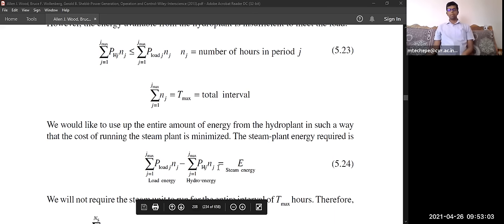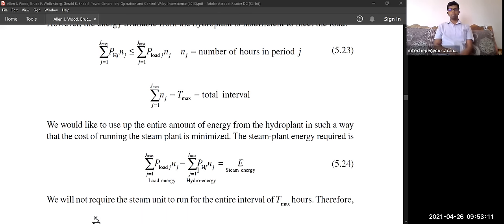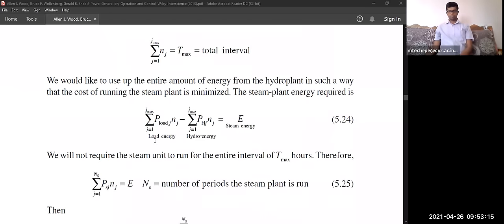So for a particular period of time, we consider how many hours the hydro power plant or steam power plant is operating.